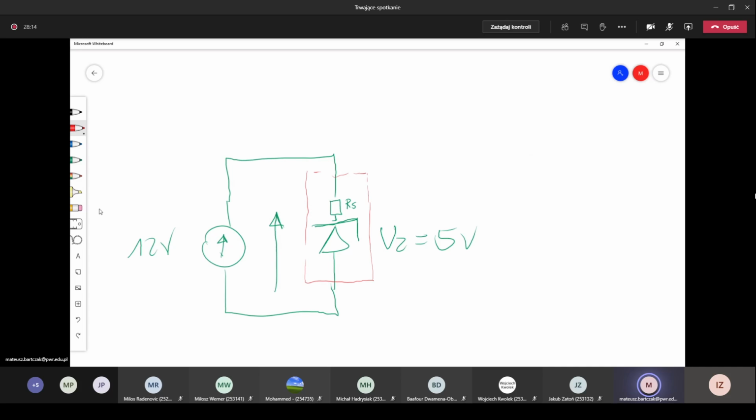Then here we will have 5 volts, and this will be the rest. So in this case it will be 7 volts. So 7 volts will be the voltage drop on this Zener diode.